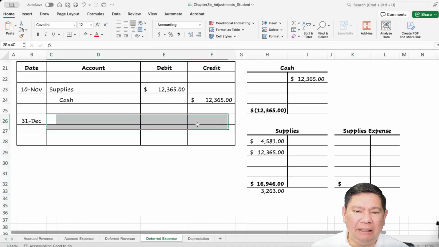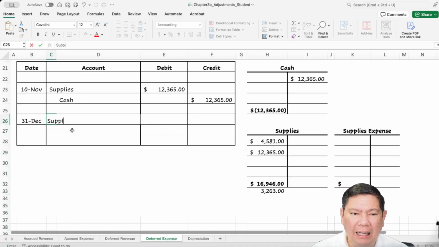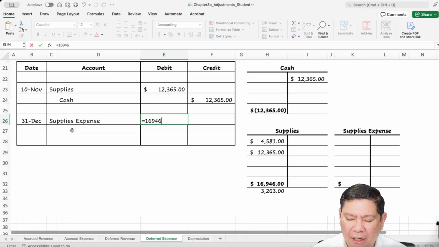So this is our adjusting entry. We have to recognize supplies expense, and the amount is $16,946, the total supplies, minus what we found, $3,263.